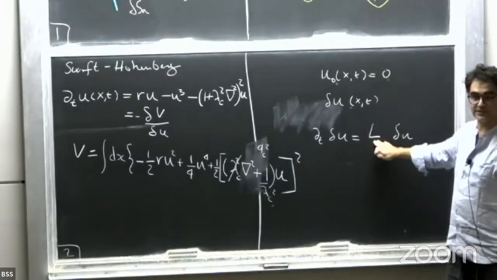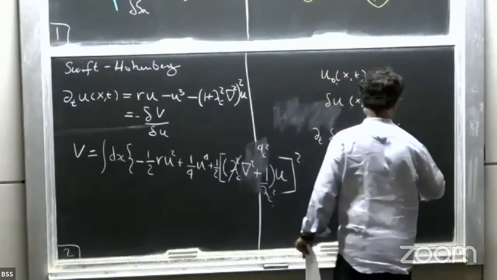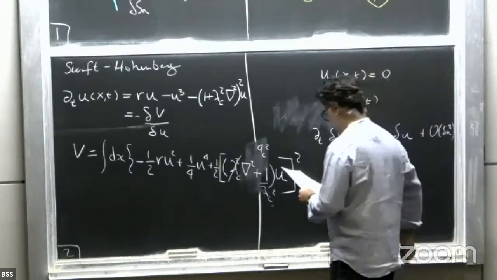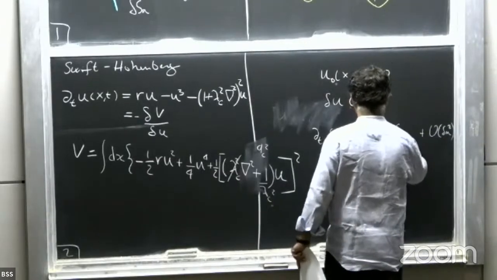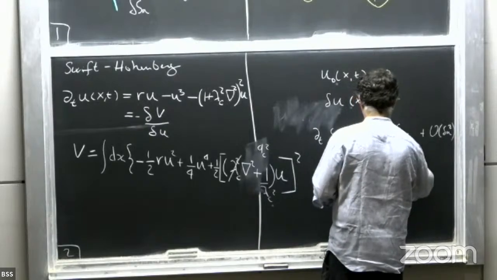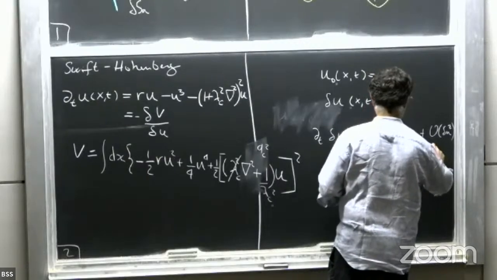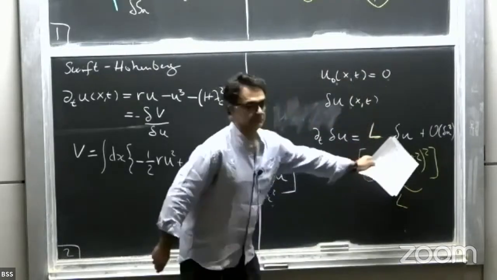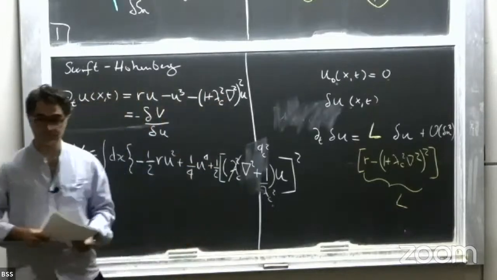This is all determined by an operator L, which up to order delta u squared is simply given by 1 plus lambda c squared Laplacian, squared, to the power 2. You can almost see it by inspection.